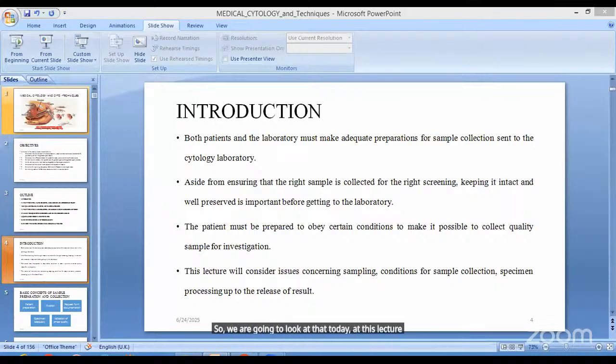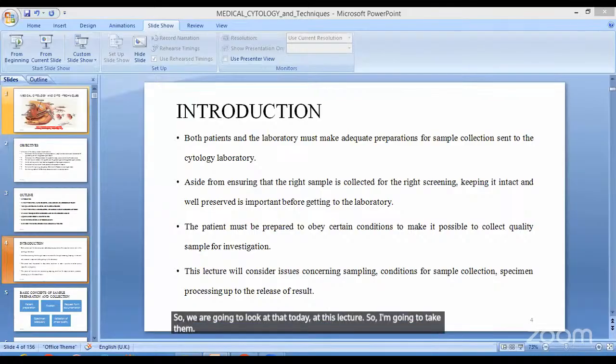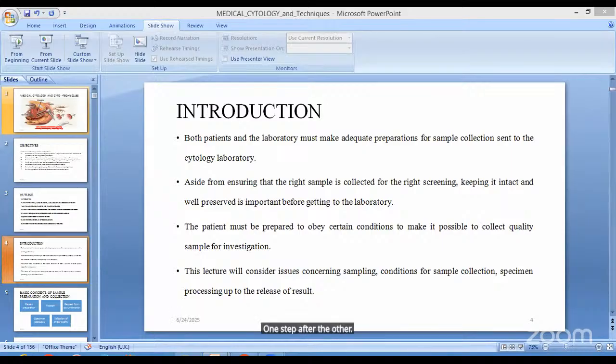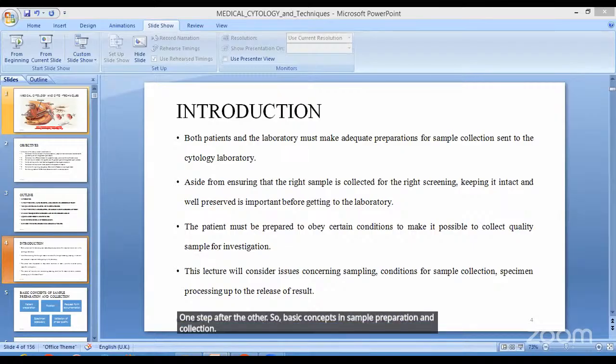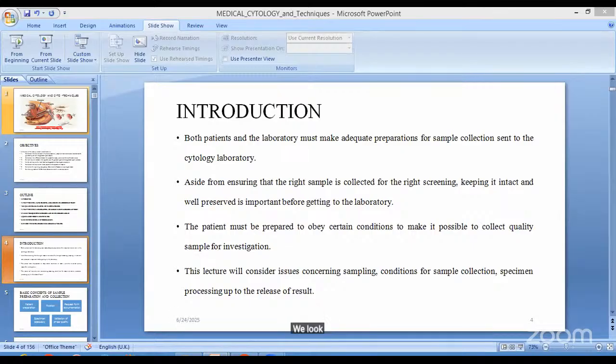So I'm going to take them one step after the other. Basic concepts in sample preparation and collection: we look at patient preparation, fixation, request form documentation, specimen adequacy, and validation of smear quality. All these are very, very important and they are basic concepts. So what will you tell the patient to do?